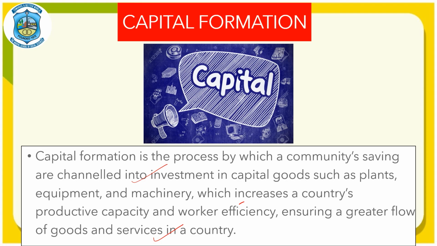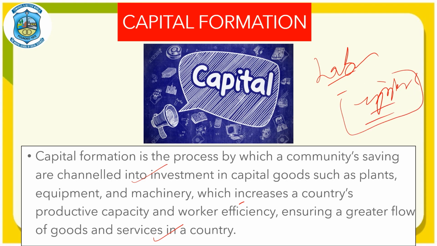Now I am giving an example with a very practical thing. If we want to increase the production in our firm, our country or a society, we always have to vary two major variables. The first one is labor and the second one is capital, which we are just discussing.